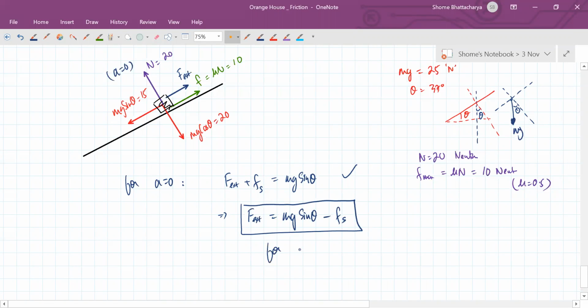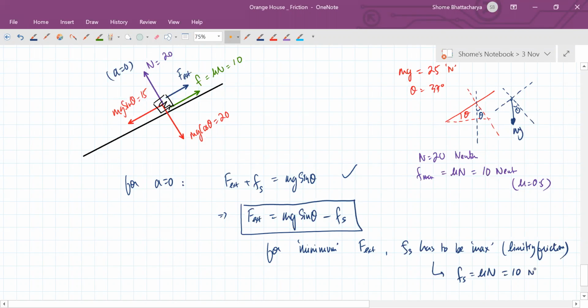Now for the minimum F external, this static friction has to be the maximum or limiting friction value. So static friction has to become equal to mu into N, equal to 10 newtons.